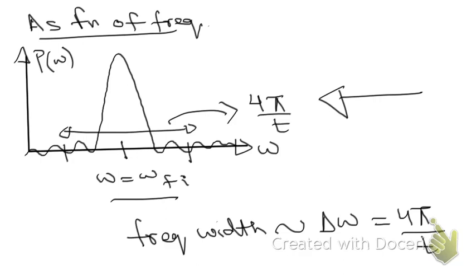In that limit, the frequency width delta omega, that is 4 pi over t, is going to approach 0, which simply implies that my t has to go to infinity. So my t will go to infinity, and then this 4 pi over t will go to 0.